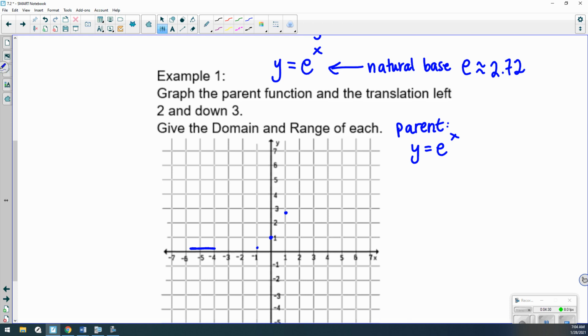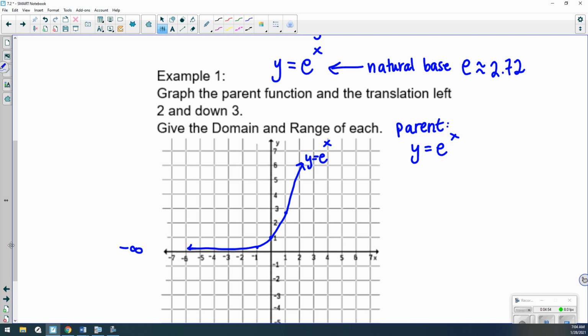Okay, so this is the parent function, y equals e to the x. Now it approaches an asymptote as it moves towards the far left. As it moves towards negative infinity, this curve is going to get closer and closer to 0, making the horizontal axis an asymptote.